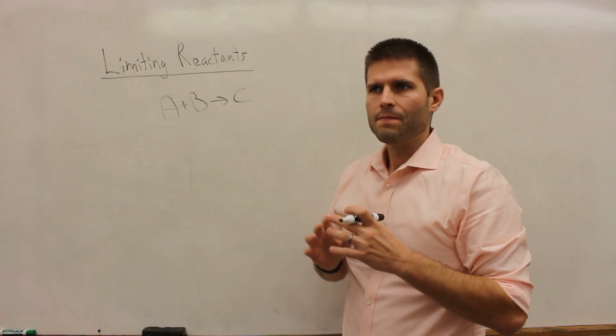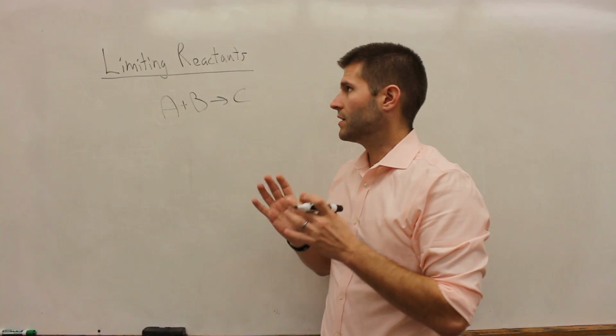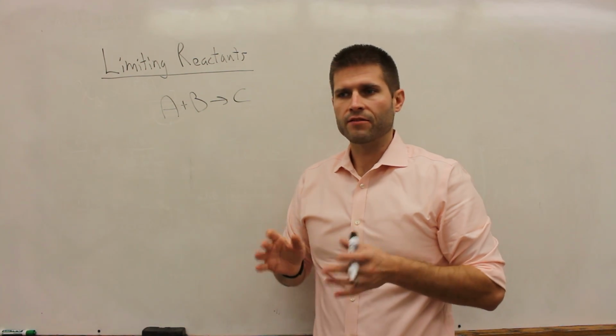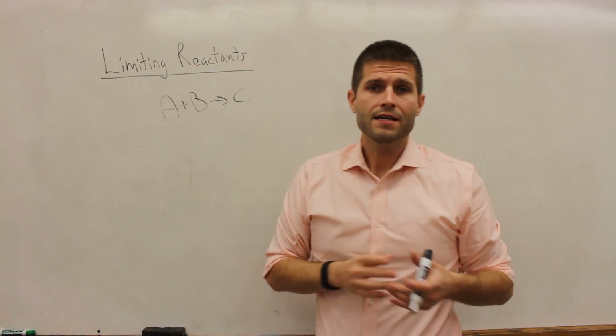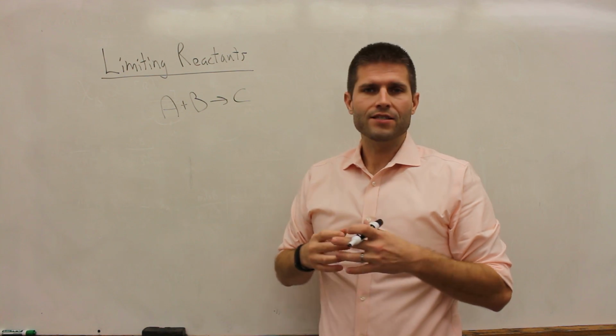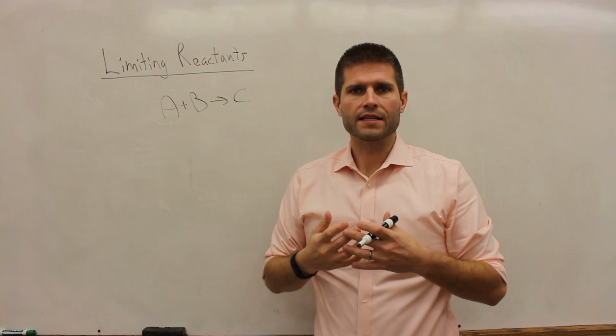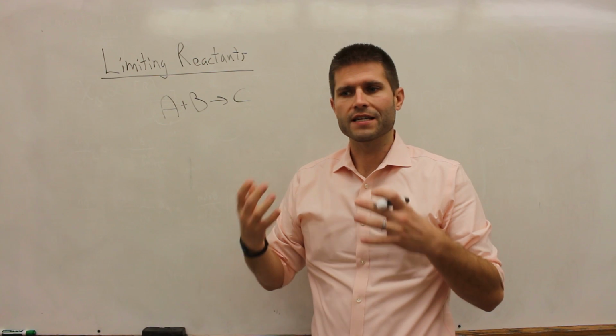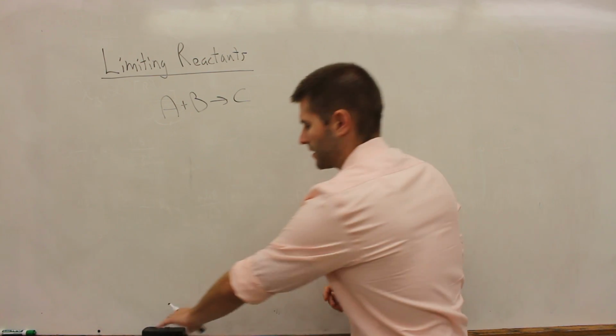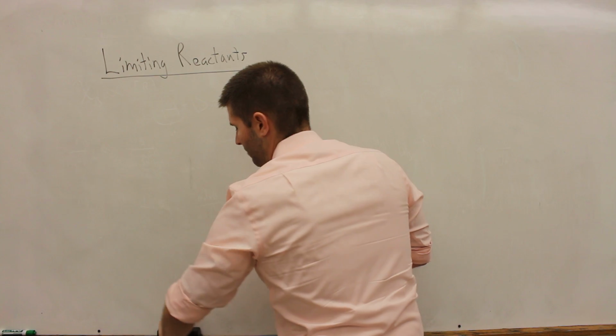Now, it's kind of difficult to understand the concept of limiting reactants in the world of chemistry because you're not yet chemists. So let's do an example that's not related to chemistry, but the concept is still a limiting reactant type of problem. Let's say we want to make a bicycle.